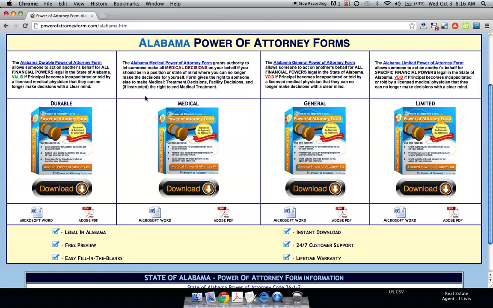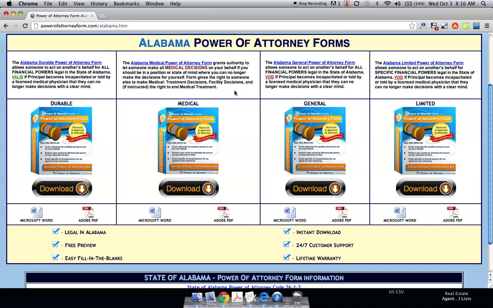Now, the next form is the medical form. The medical form is exactly what it sounds like. It allows you to choose somebody else to handle all your medical decision-making powers on your behalf.